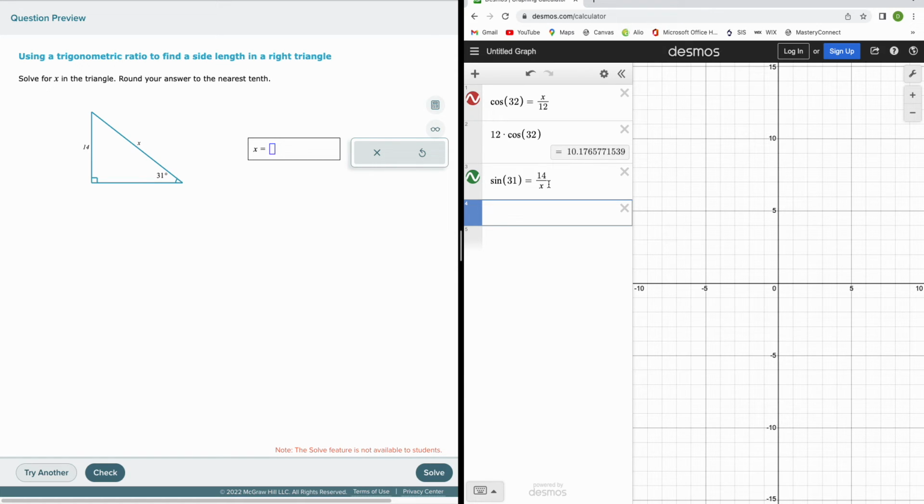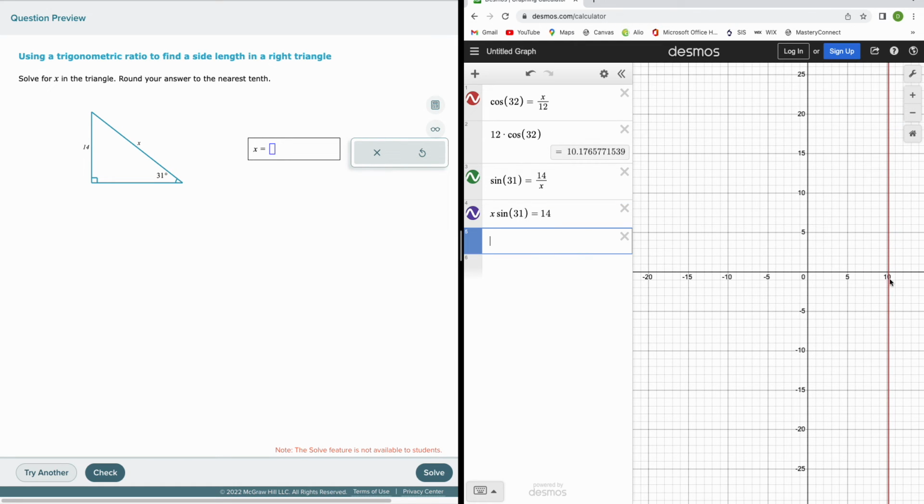And what I do is I just do a little switcheroo. I just swap x and sine 31. It would yield the same thing, but we can do it like this. x sine 31 is equal to 14. Well, you could technically go over to Desmos. You could figure out it's 10.177, but let's try again.